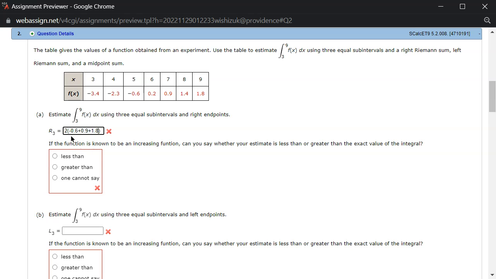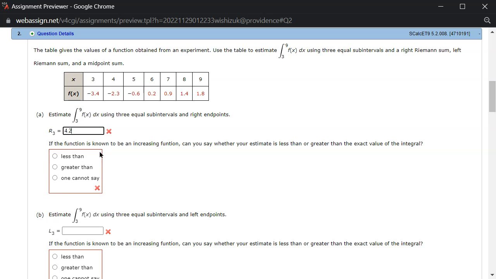So what's this? Negative 0.6 plus 0.9 would be 0.3, and plus 1.8 would be 2.1. So I'm going to put the 2.1 multiplied by 2, so it's going to be 4.2, right? So we got that.